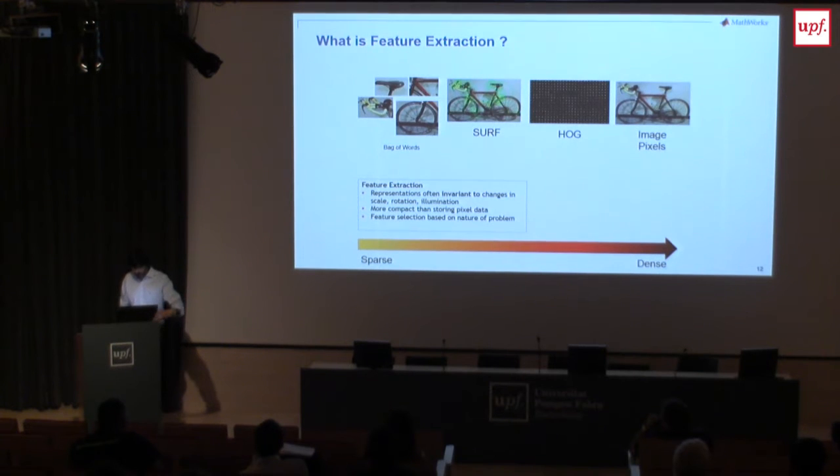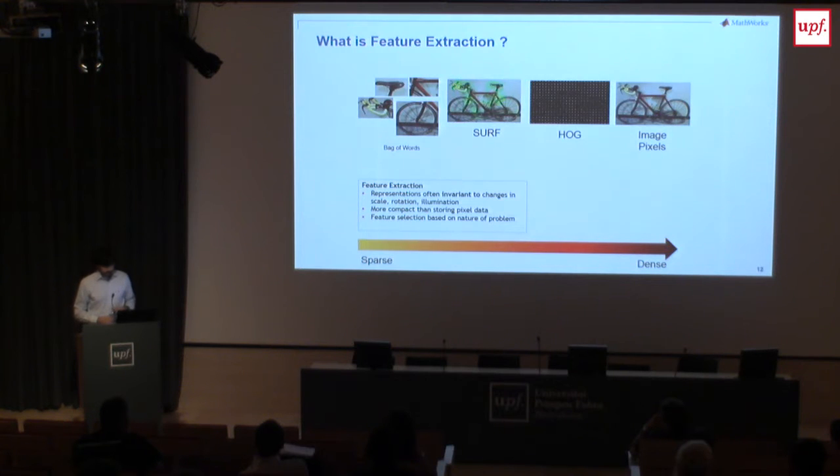If I look at the second on the right-hand side, I see the HOG features. I'm not sure if you're familiar with that, but if you look very carefully, you can probably see the shape of the bike in the image. This is a very interesting feature because it is completely independent of color and of illumination, and dependent only on shape.